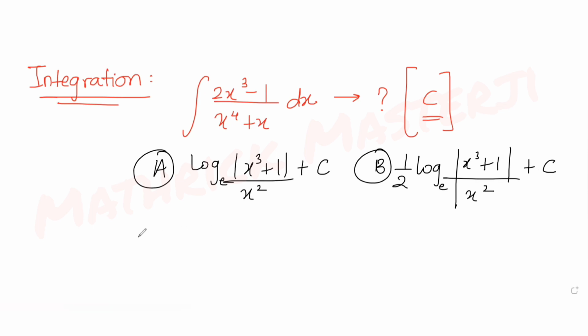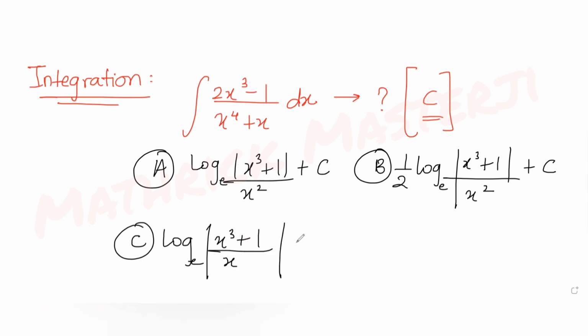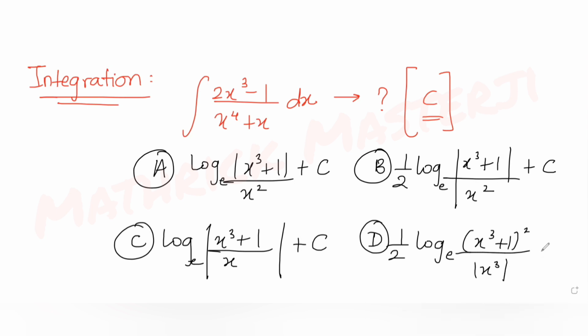The third option is log of mod of (x cube plus 1) upon x to the base e plus c. And the last option is half log to the base e of (x cube plus 1) the whole square over mod of x cube, plus c. So we have four answer choices and we need to figure out which one is the correct answer choice for the question given to us.